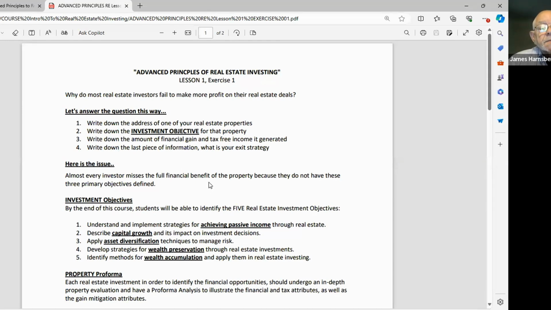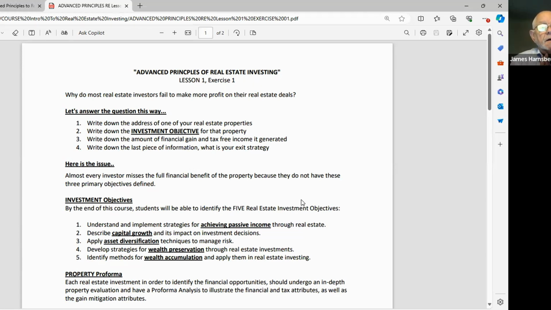And third: do you have a defined exit strategy? Are you going to sell it? Are you going to 1031 it? If you're going to sell it, do you have a gains mitigation plan to reduce the exposure to capital gains tax?